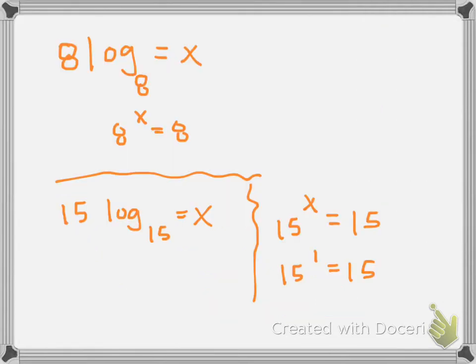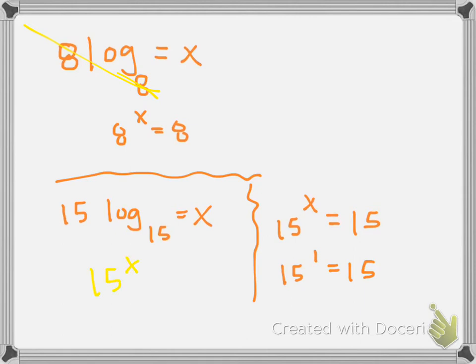Something you need to remember for this next part is how to rewrite logs. This is how you rewrite logs: base, exponent, answer. So 8 to the first power equals 8. What you need to remember is that these cancel each other. 15 to the first power is 15.